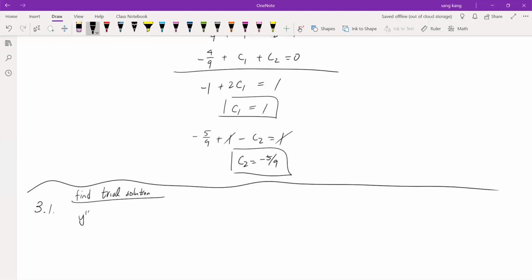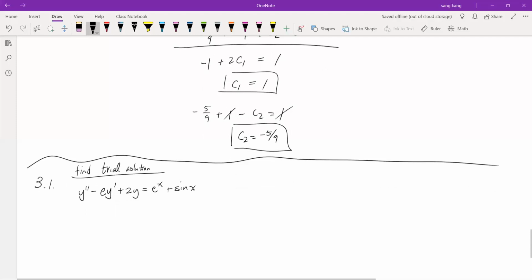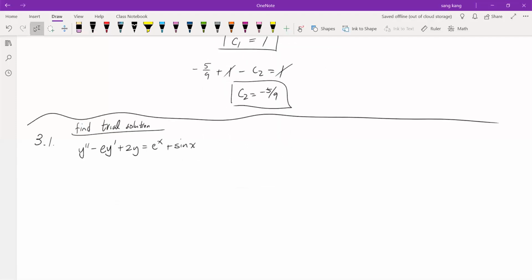y'' minus e y' plus 2y equals e^x plus sin x. So again, auxiliary equation: r squared minus e r plus 2 equals 0.